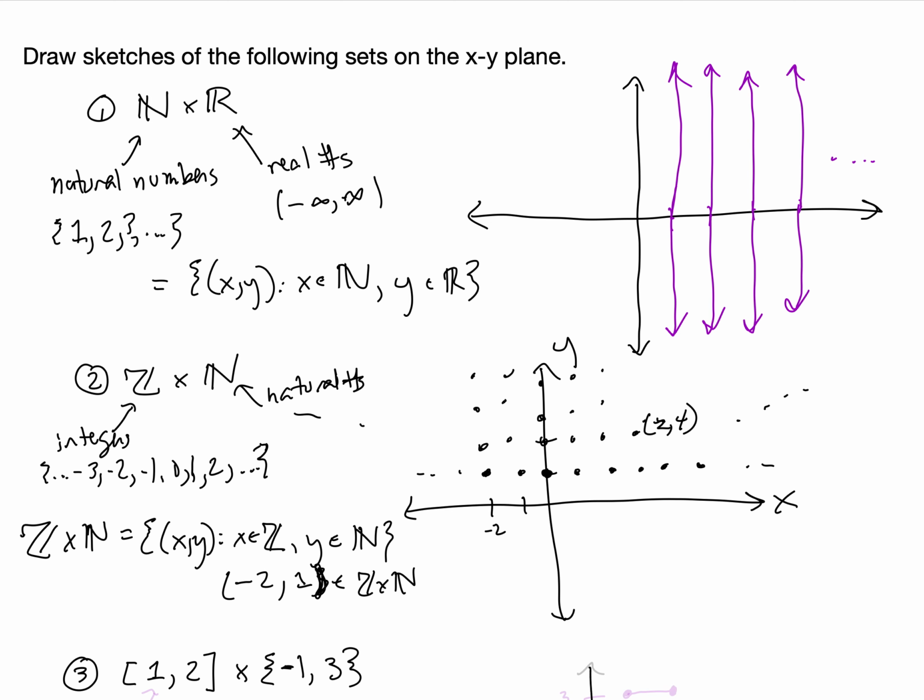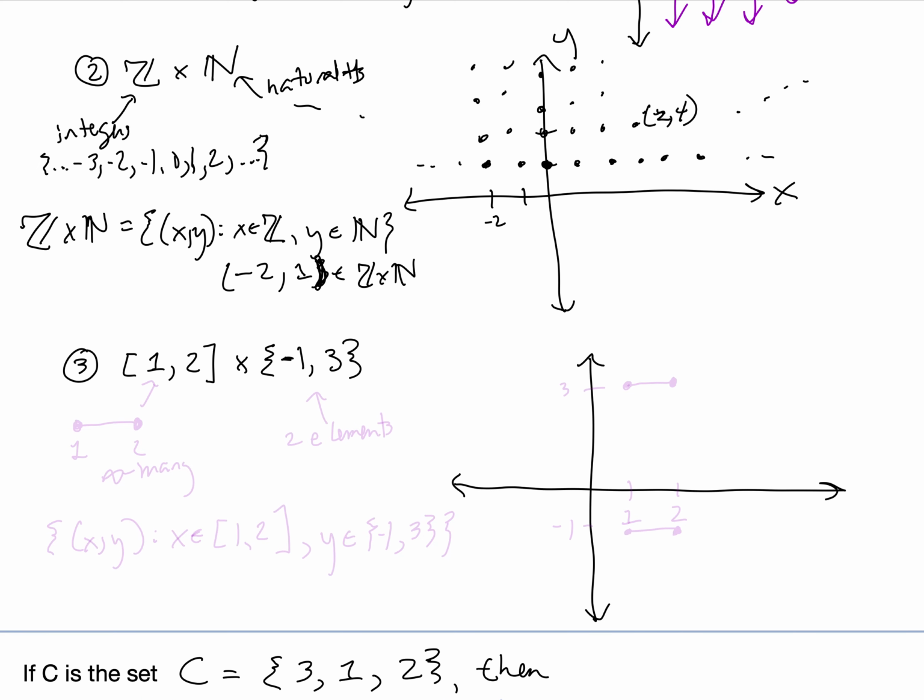Finally, the set [1, 2] cross the set containing -1 and 3. So notice that these are very different sets. This is an infinite set because it has infinitely many values from 1 to 2 inclusive, whereas this is a set with 2 elements.